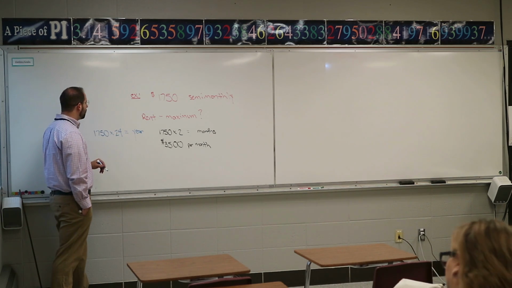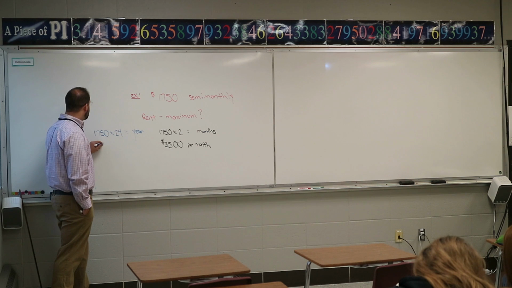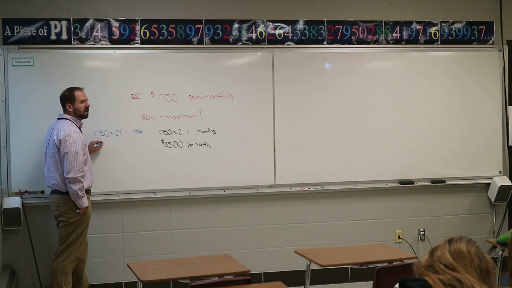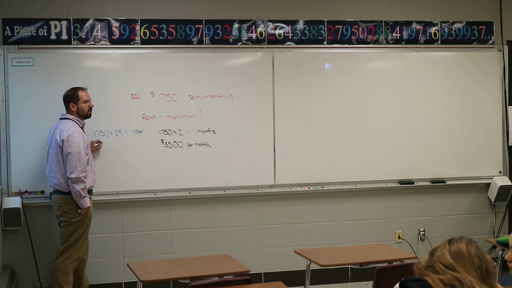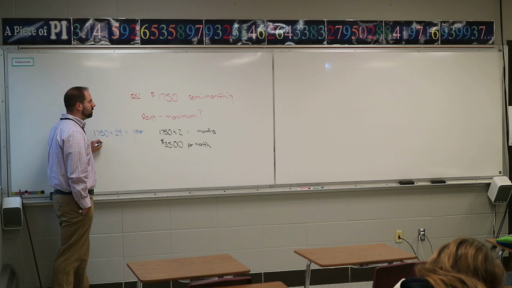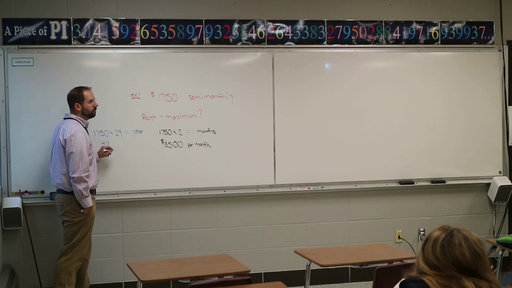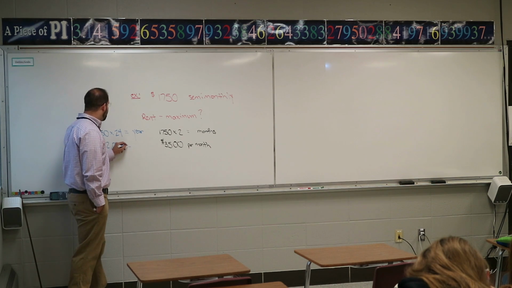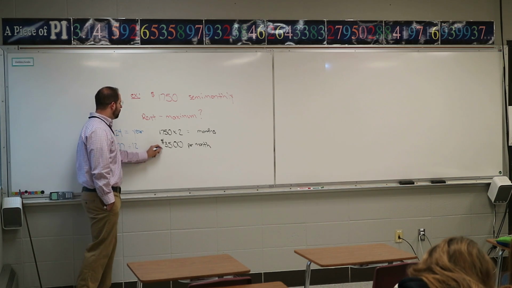Like you multiply it by 24 to get a year's gross. And then once you have that number, you can divide by 12, how many months there are in a year. So 42,000 bucks a year, and you can divide by 12, and that will give you this number.